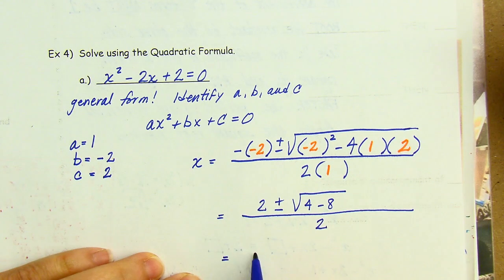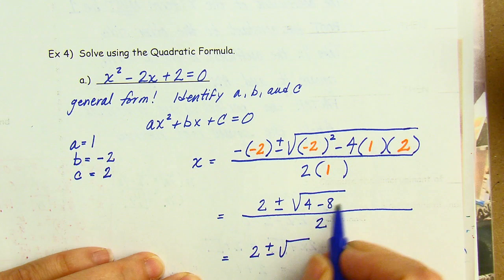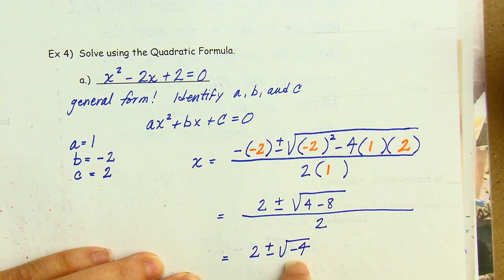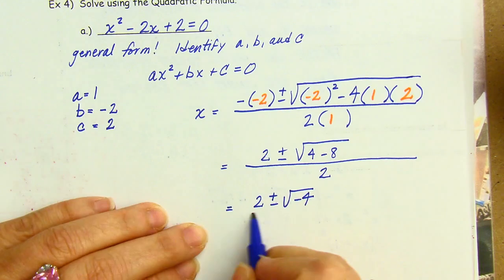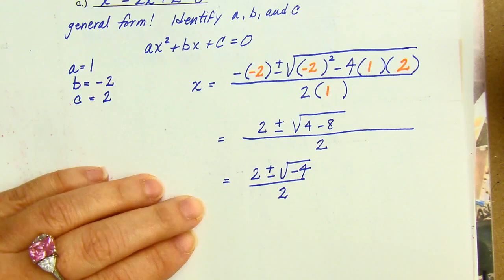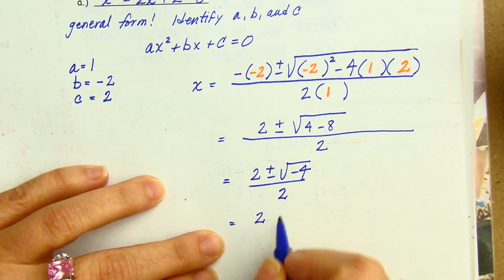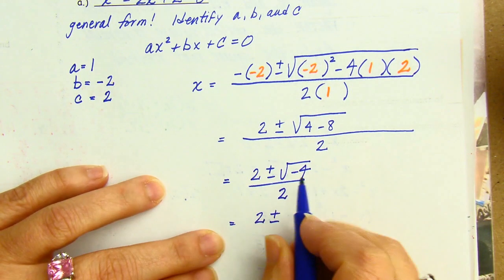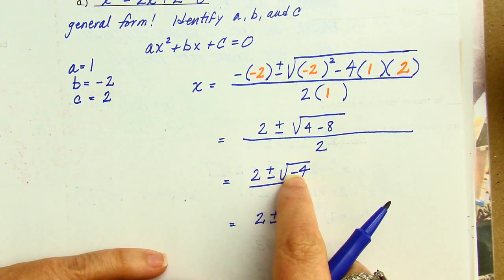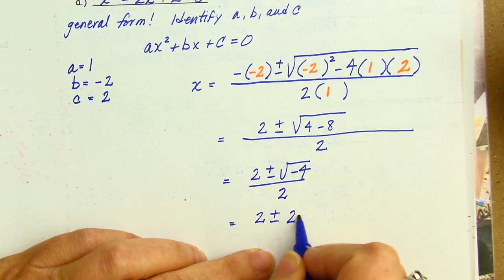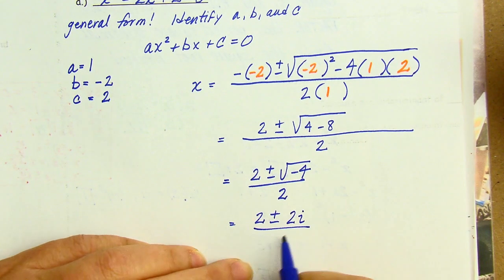Equals, I have to simplify this, 2 plus or minus the square root of 4 minus 8, which is negative 4. Notice, that's not a real number. Over 2. I'm not done because I have to simplify this. 2 plus or minus, that's going to come out as i, which means this is i times the square root of 4, or 2i, over 2.